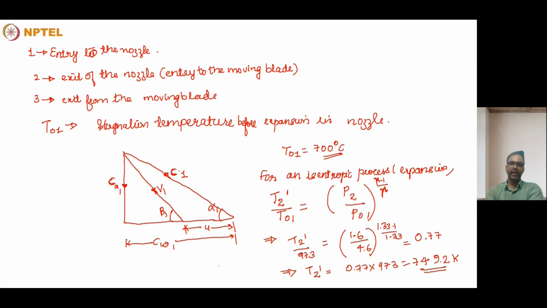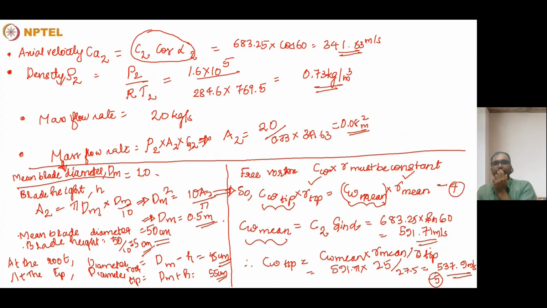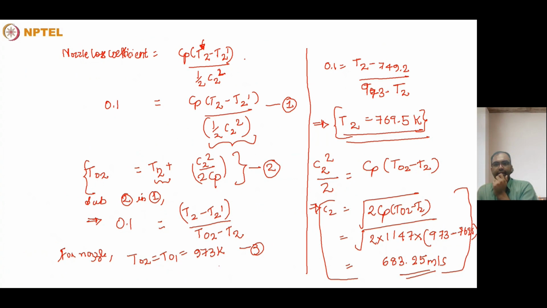In this particular problem, we have calculated the static isentropic value of the temperature at the exit, and using the nozzle loss coefficient, and equating the kinetic energy value to be equal to the enthalpy change, we can calculate the static temperature at the exit of the nozzle T2, and using the static temperature value and the stagnation temperature value, we can calculate the actual velocity at the exit of the nozzle C2 at the mean blade radius.